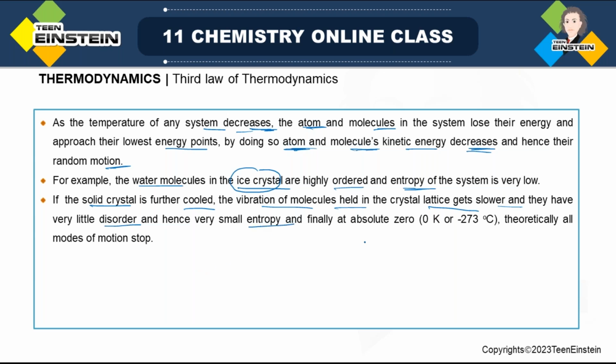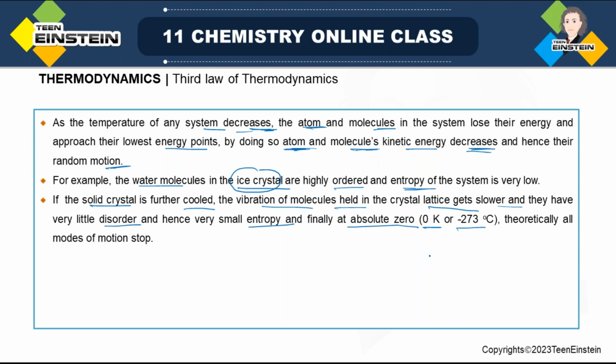In this way, gradually it will reach, that is, when temperature reaches 0 Kelvin. We know 0 Kelvin in degrees centigrade is minus 273. So when the temperature is reaching 0 Kelvin or minus 273 degrees centigrade, what will happen?